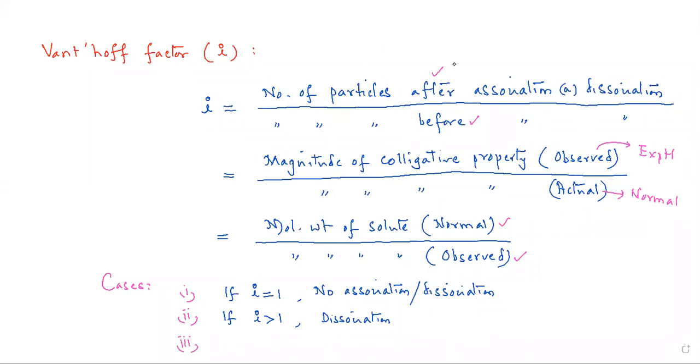Then, if I is less than 1, it refers to association. Okay. See, I is equal to 1 is of course normal. Either greater than 1 or less than 1, we say them the abnormal. Abnormal molar masses are in fact due to this dissociation and association.